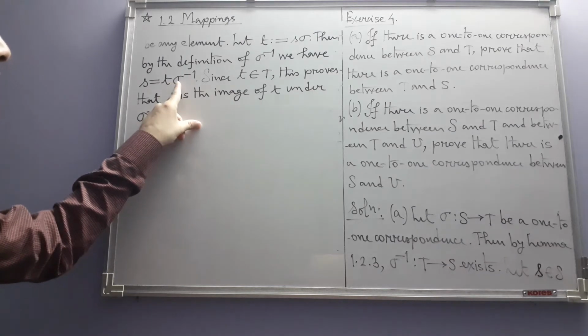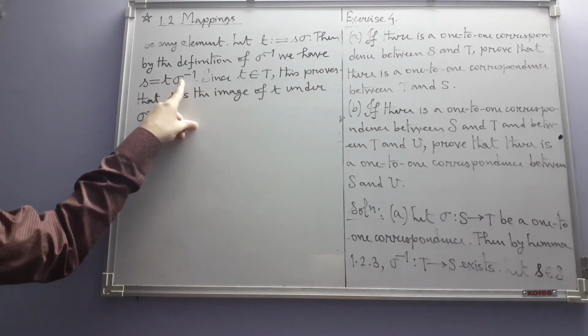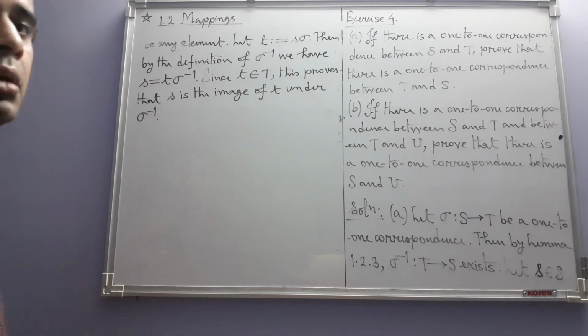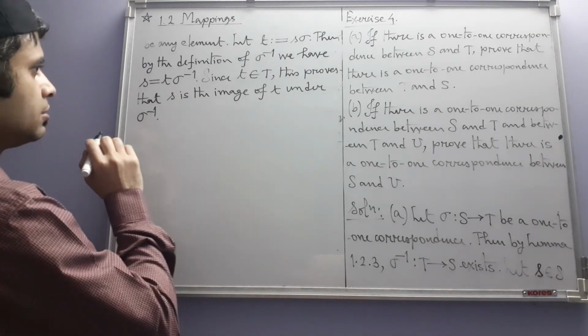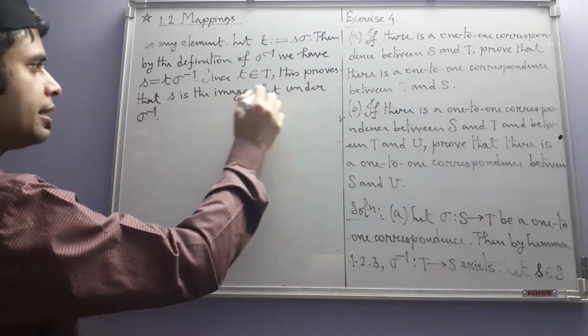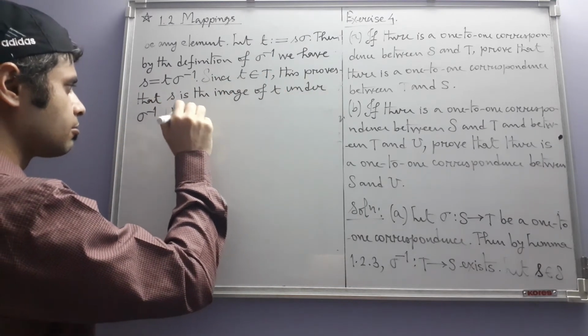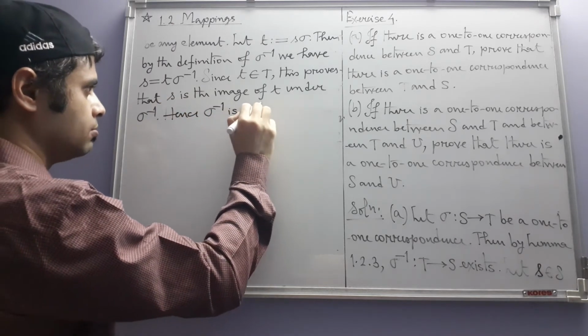If you interpret t sigma inverse as the inverse image of t under sigma or as the image of t under sigma inverse, you will get the same thing. So there is no problem with this. So this proves that S is the image of t under sigma inverse. Hence, sigma inverse is onto.